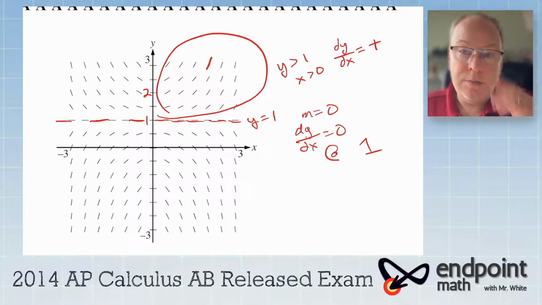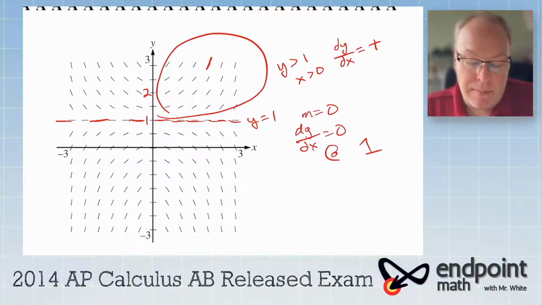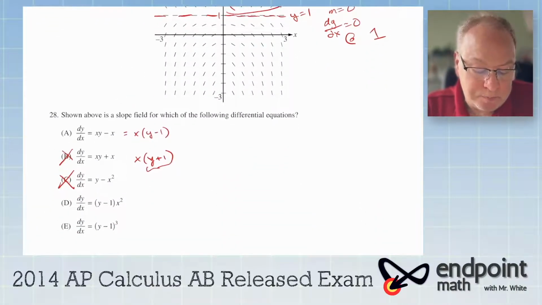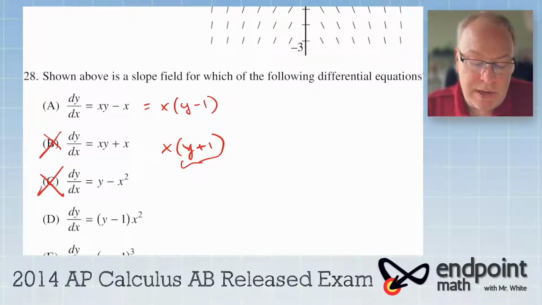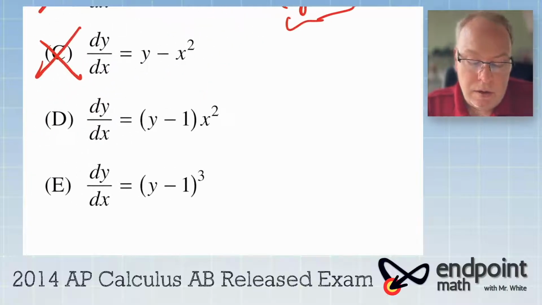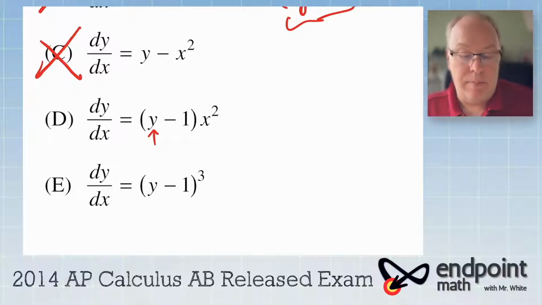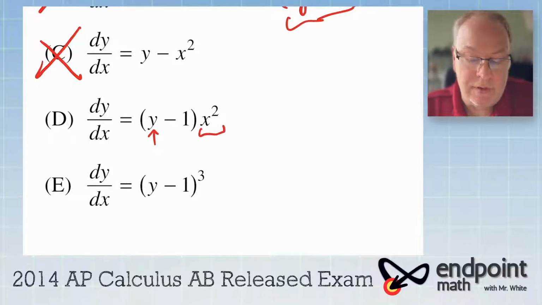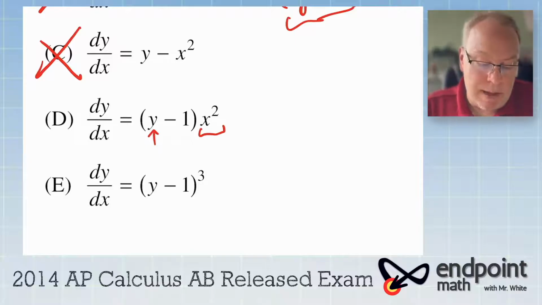So when y is bigger than 1 and when x is positive, we get positive slopes. So let's see. When y is big and x is big, we get positives. Yeah, that works. So A is still in the mix. All right, what about this one here? When y is positive, real big, and x is real positive, we also get positives.